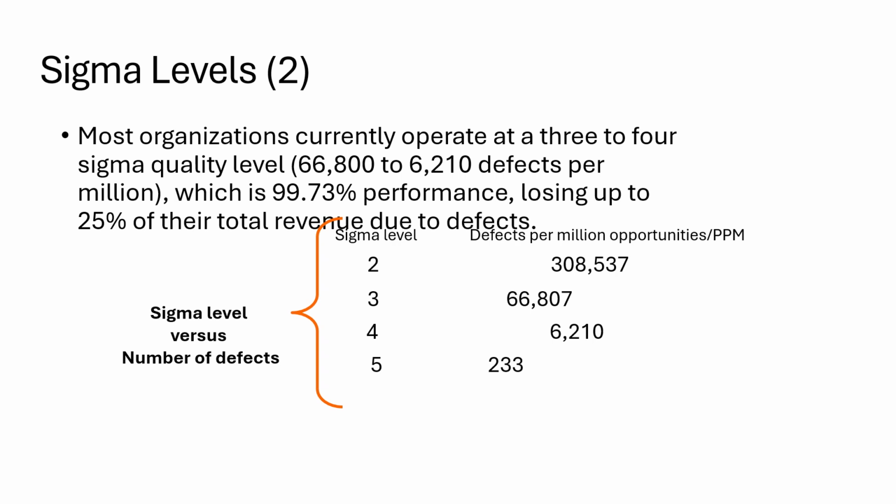If you're operating at a 3 Sigma level, you're going to have 66,807 defects per million opportunities. If you're operating at a 4 Sigma level, you'll have 6,210 defects per million opportunities. And if you're operating at a 5 Sigma level, you have 233 defects per million opportunities.